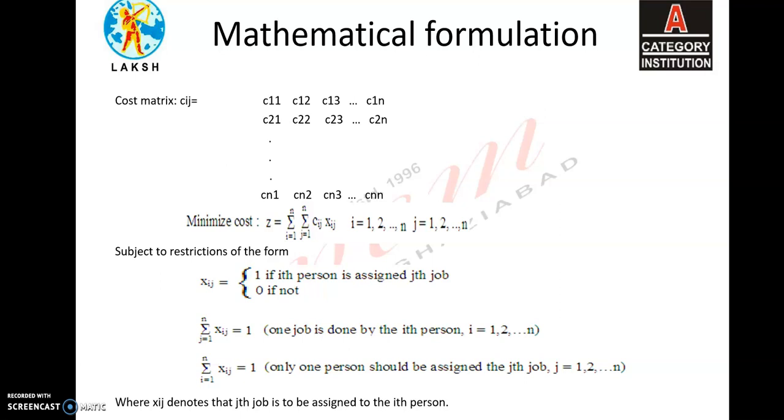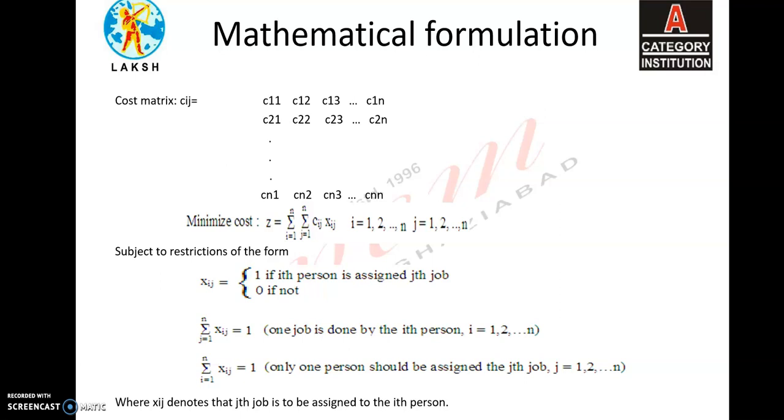So the objective function is to minimize cost Z equal to the summation over i equal to 1 to n, summation over j equal to 1 to n, of Cij into Xij, where i is equal to 1, 2 up to n, and j is also equal to 1, 2 up to n. Here i denotes the rows whereas j denotes the columns.